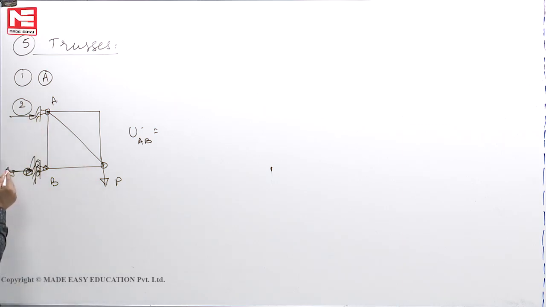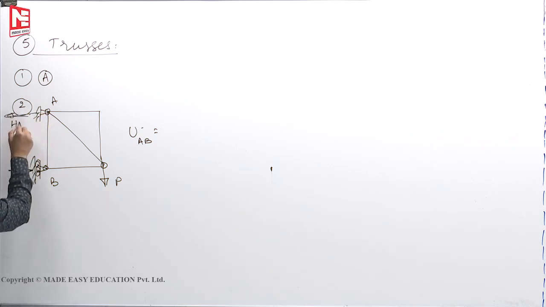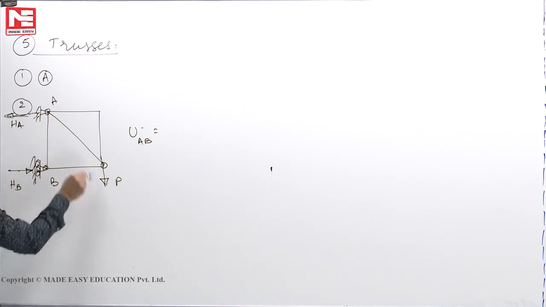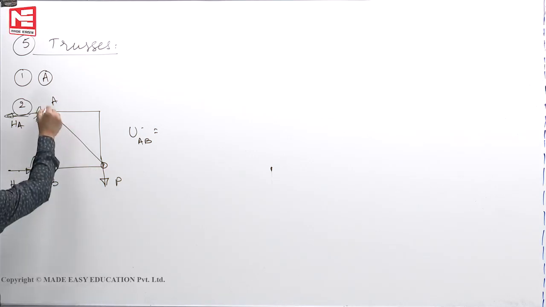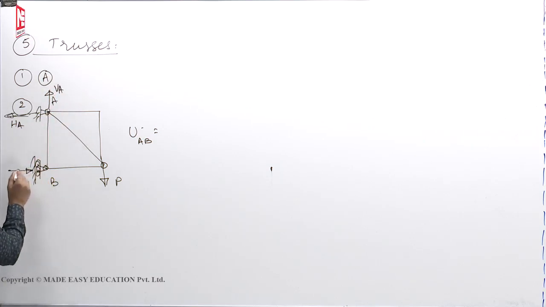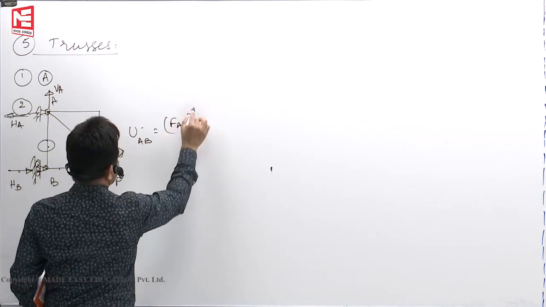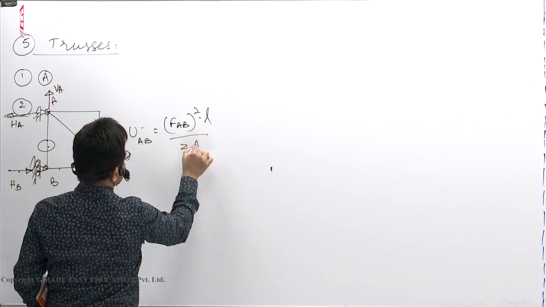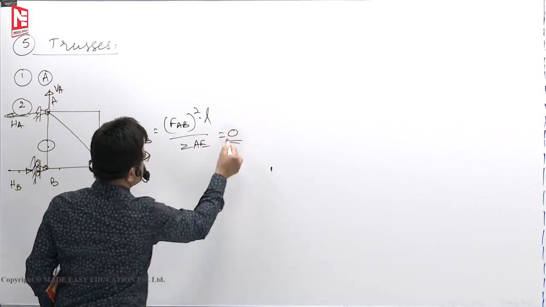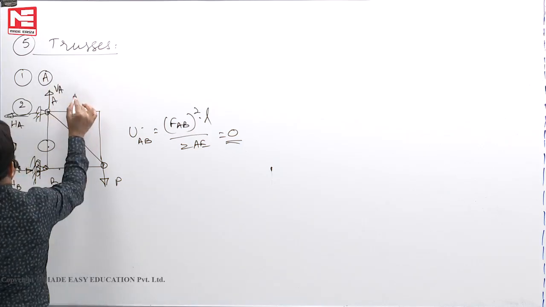This is clockwise, so the reaction is anti-clockwise. Some reactions will develop like this, HA, HB. Downward force is balanced by some upward force, some VA will be there. But at B, see 1, 2, 3, two are in line, so this is 0. So force in the member AB square into L by 2AE. If force itself is 0, strain energy stored is 0. So correct option is D.